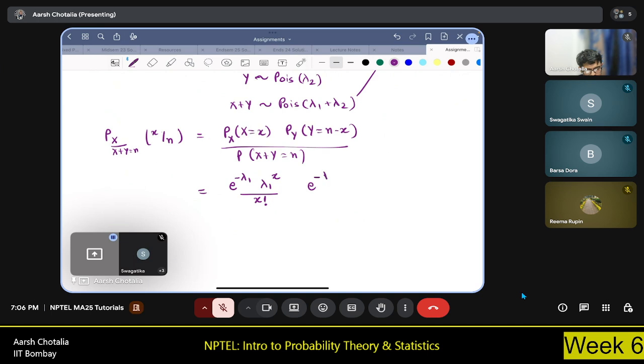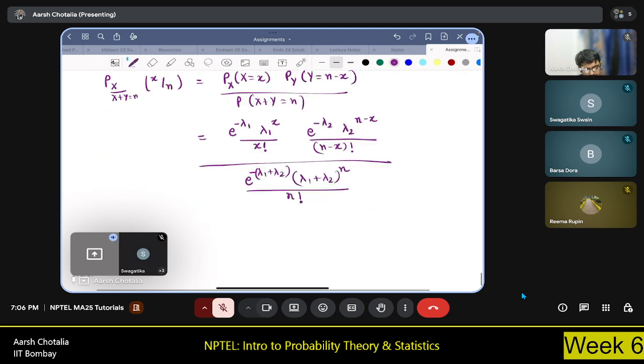Similarly, the second one is e raised to minus lambda 2, lambda 2 raised to n minus x divided by n minus x factorial, divided by, because the denominator also follows Poissonian with lambda 1 plus lambda 2, I can use the same formula, e raised to minus lambda 1 plus lambda 2, and then lambda 1 plus lambda 2 raised to n divided by n factorial.